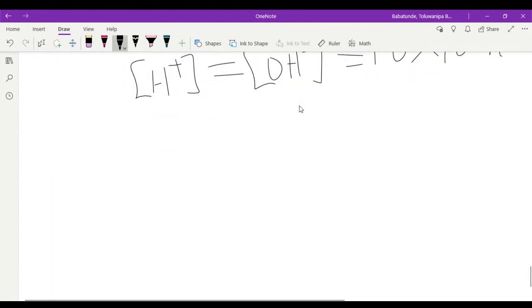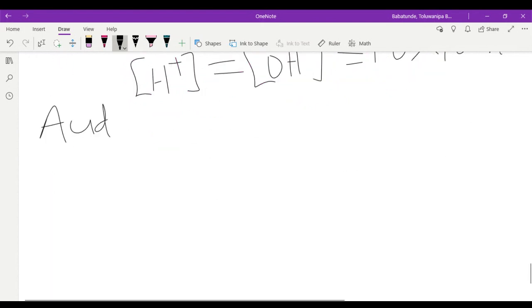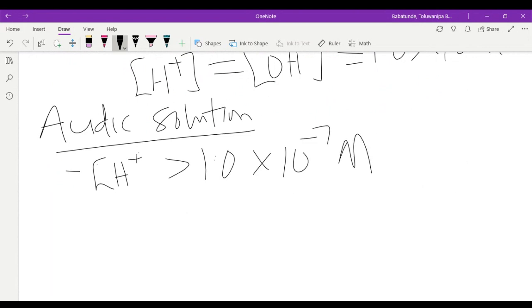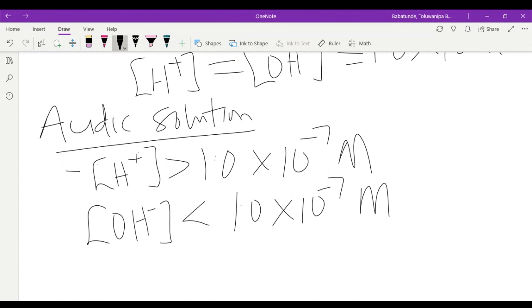So if our solution is acidic, our hydrogen ion concentration is greater than 1.0 times 10 to negative 7 molar, and our hydroxide ion concentration is less than 1.0 times 10 to negative 7 molar.